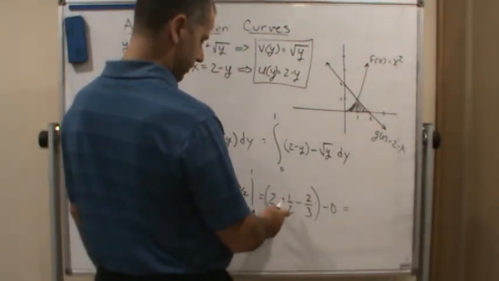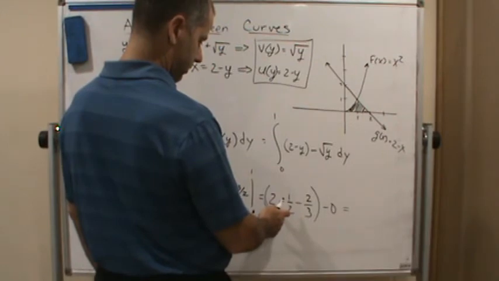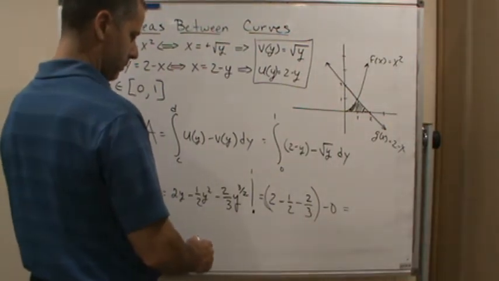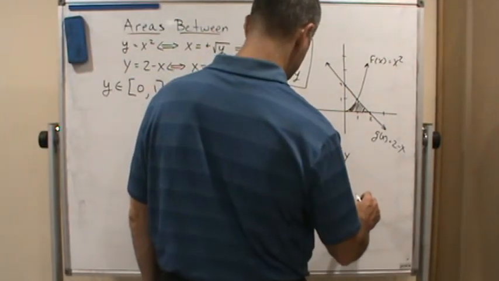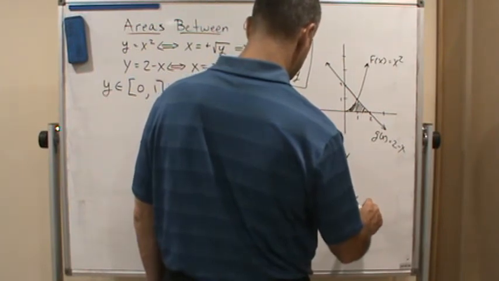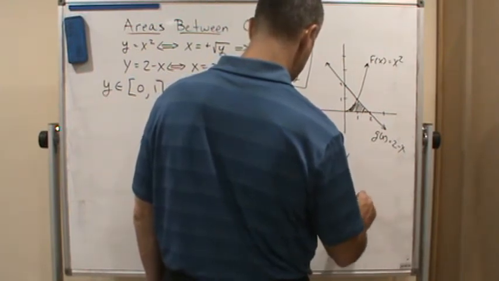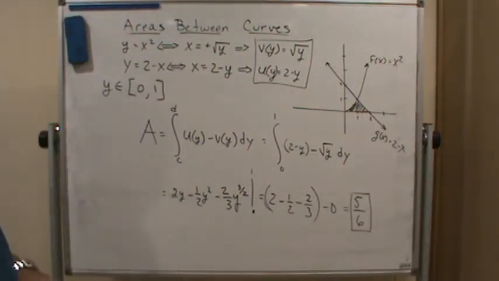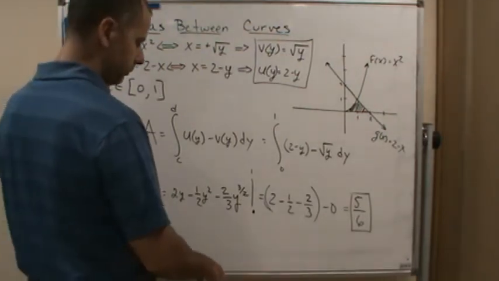Well, 3/2. Should get 5/6, right? Double check.